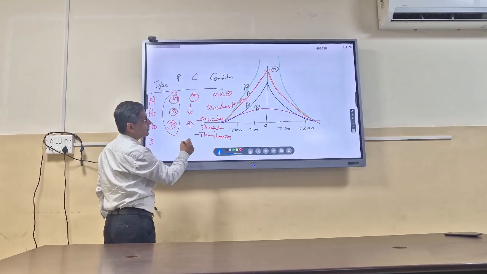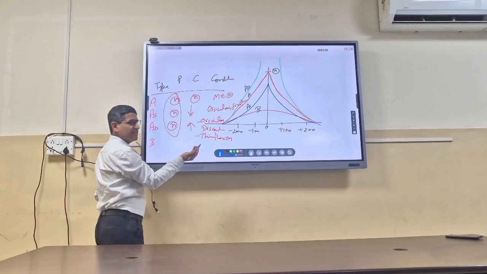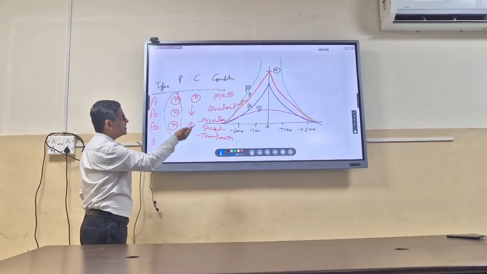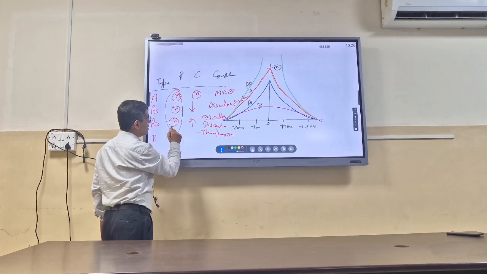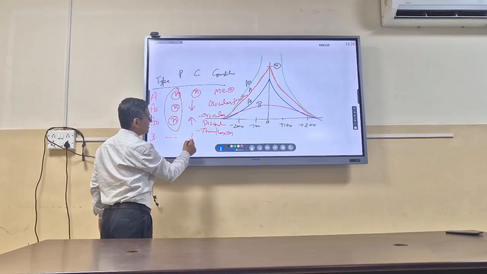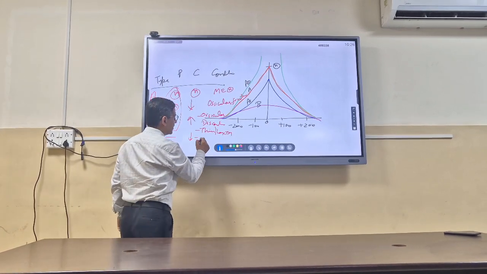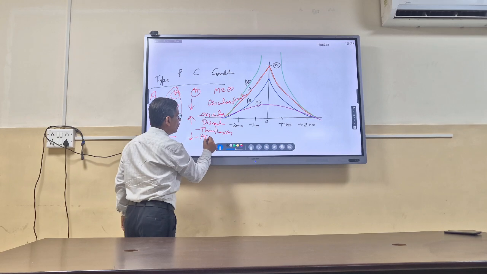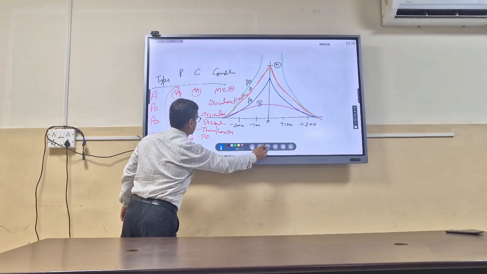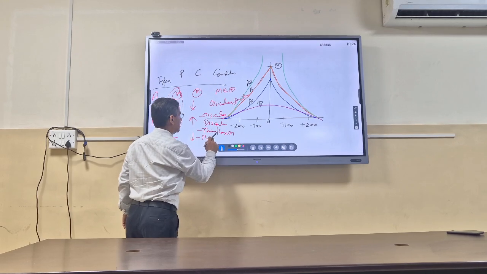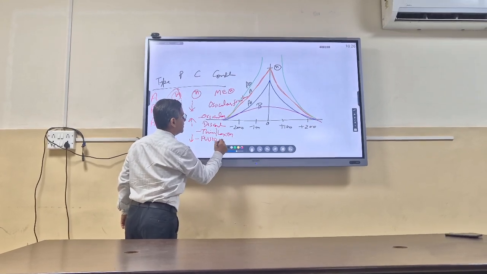Now this type of curve is seen in... here there is no change in the pressure. Compliance is less. Okay? There is no change of pressure on the compliance, however the compliance is less, and this type of graph is seen in fluid in the middle ear. It is seen in serous otitis media.